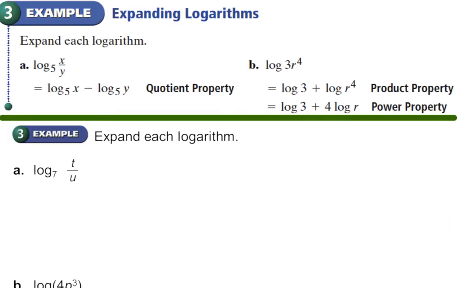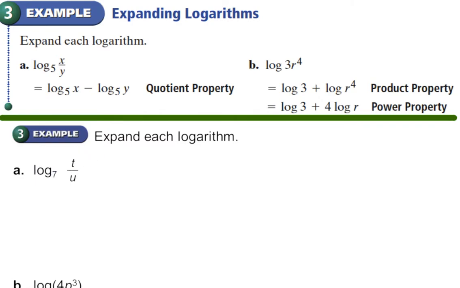Expanding logarithms. Now we're going to be undoing what we just did and also using those properties that we've learned to help us with this. So this is log base 7 of t over u.